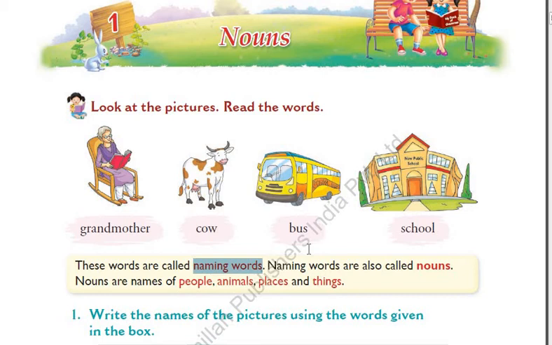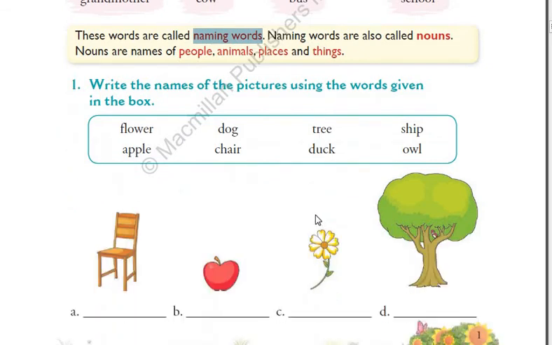First of all, we solved chapter number 1, nouns, correct, in which first we got to know the meaning of the word noun. The meaning of the word noun was naming words, meaning the name of something, correct. But the picture was not yet finished. It was not the end yet. Further, we solved the first exercise in which you had to tag the pictures. This was the chair, this was an apple, flower, tree, correct?